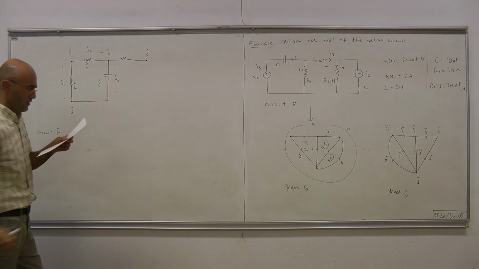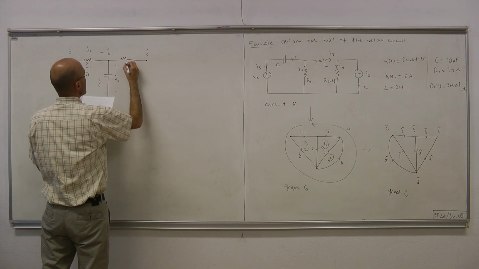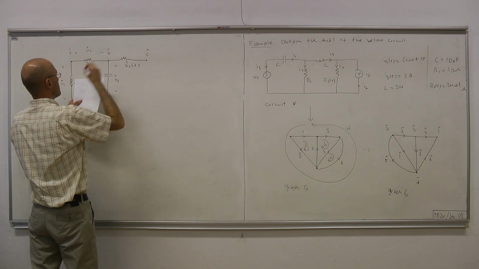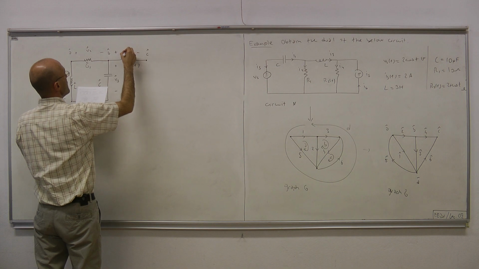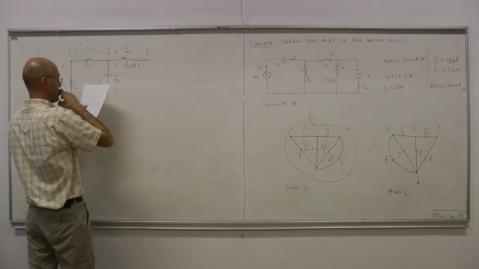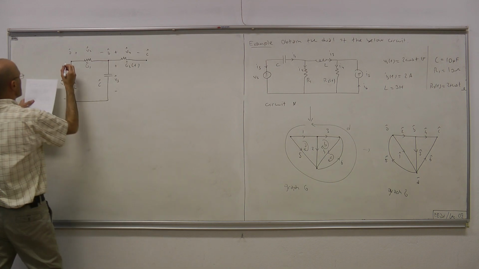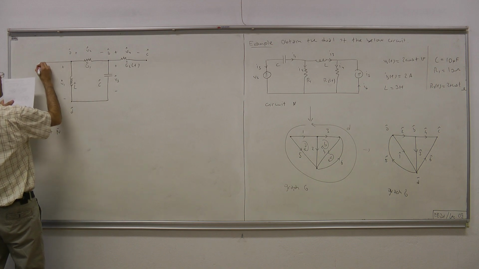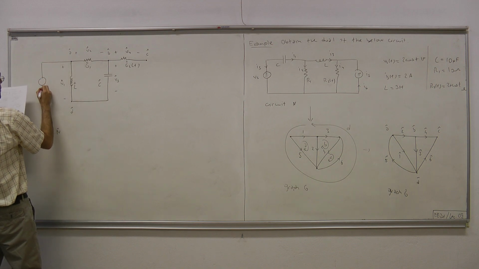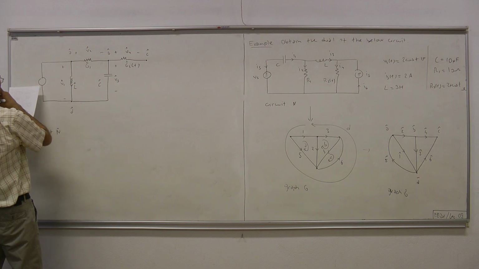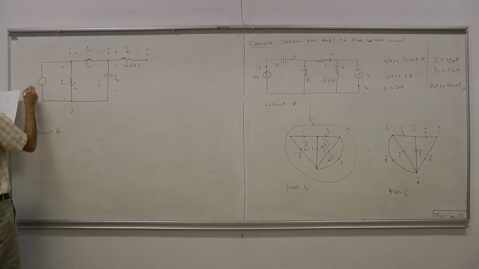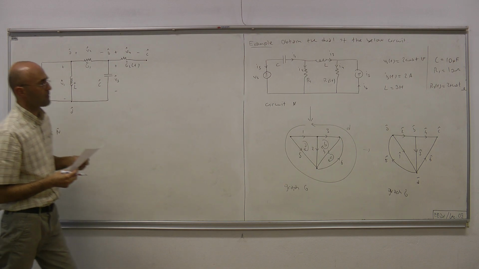This is G2 hat of T, and the polarity is plus minus V4 hat. And then we have here plus minus V5 hat. Okay.